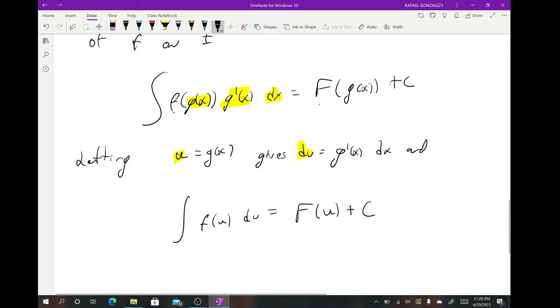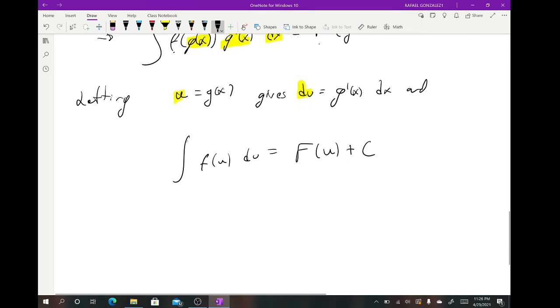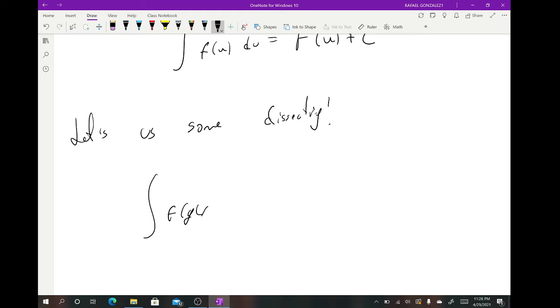Now, let us dissect this formula a little bit. We have the integral of f of g of x times g prime of x dx is equal to the antiderivative evaluated at g of x plus c.